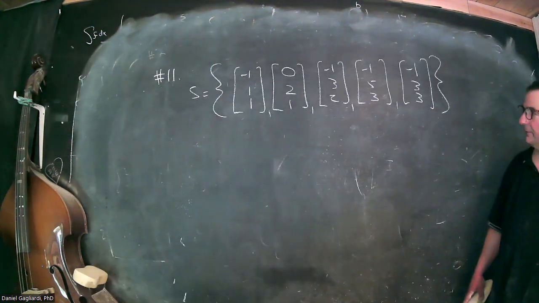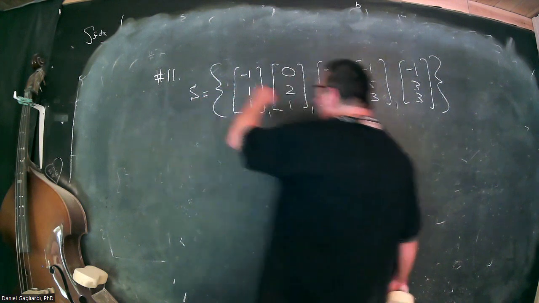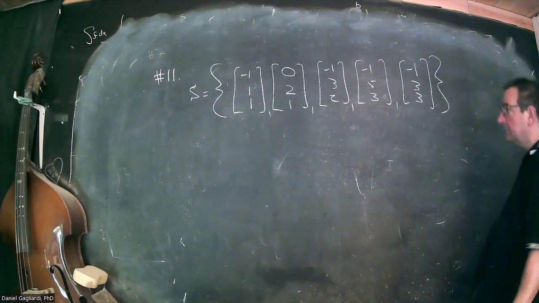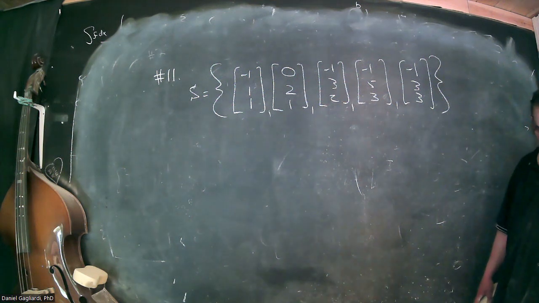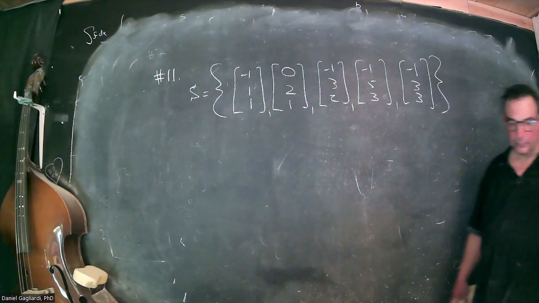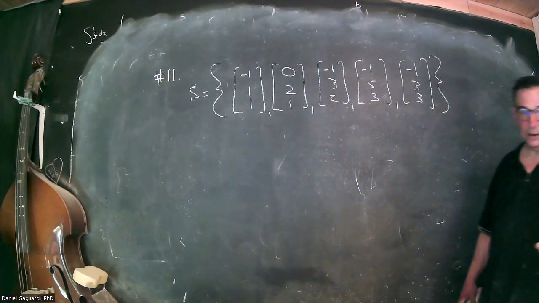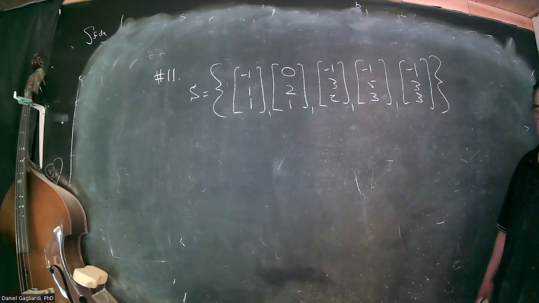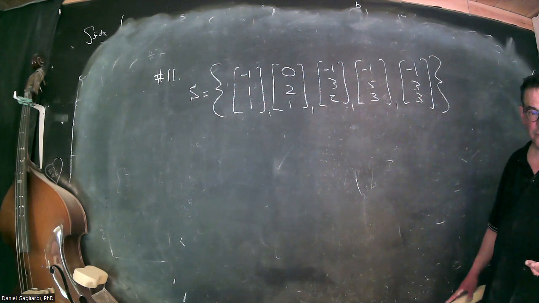So problem 11 gives us a whole bunch of vectors. So here's set S, and we have 5 vectors here. Now, we have 5 vectors in 3-dimensional space. Obviously, this is too many vectors, so it cannot be a basis, all right? Well, what we would like to do is find a basis for the span of all of these vectors.